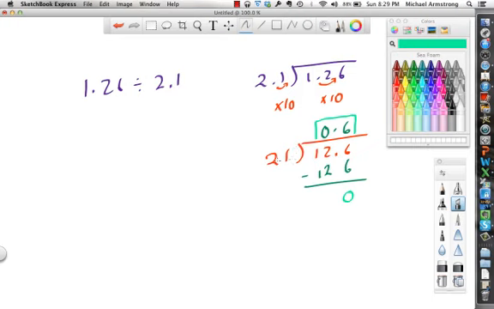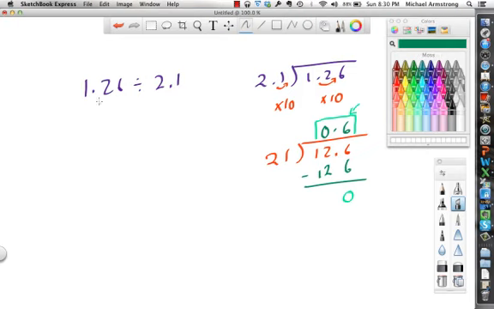Okay, so if I take 1.26 and divide it by 2.1, see, now this is odd because this is actually a bigger number than this. So we have a bigger number dividing a smaller number, and that gives us an even smaller number. It's kind of an odd way to do it, but it's something we need to pay attention to.